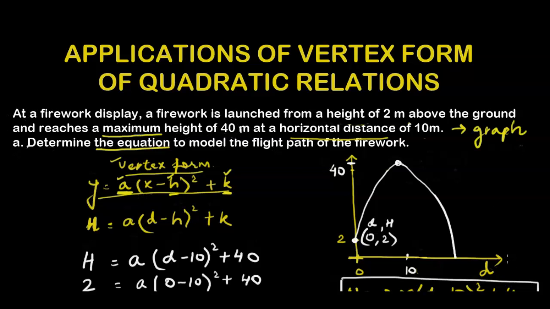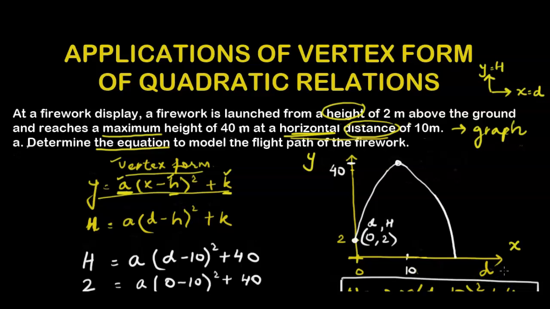Whenever we make a graph, we always have an x-axis and a y-axis. In this particular problem, the two variables are height and distance. Height is vertical height and distance is horizontal distance, as mentioned here. So the x-axis represents distance and the y-axis represents height.